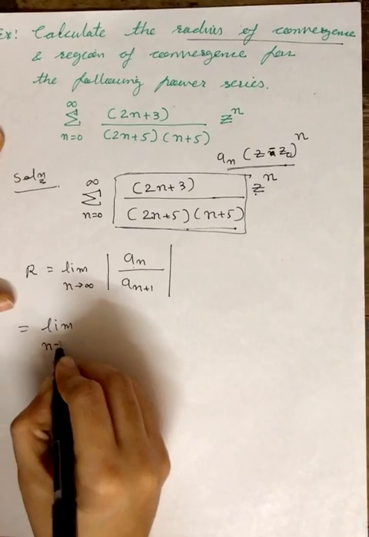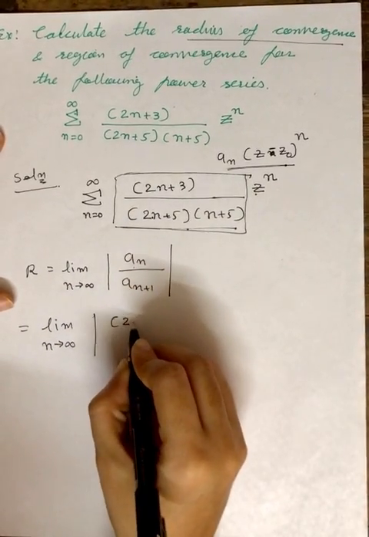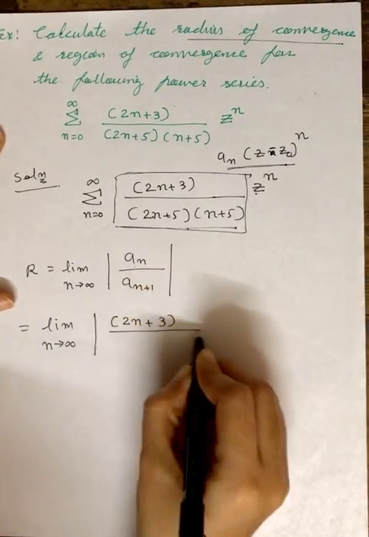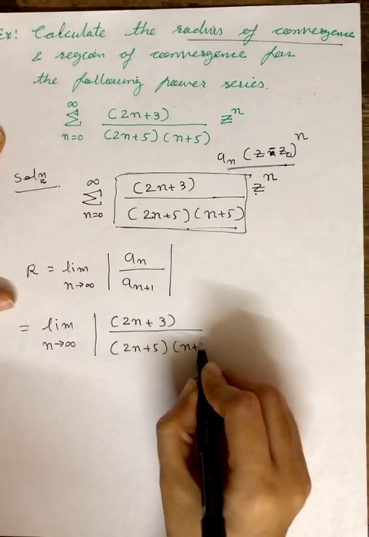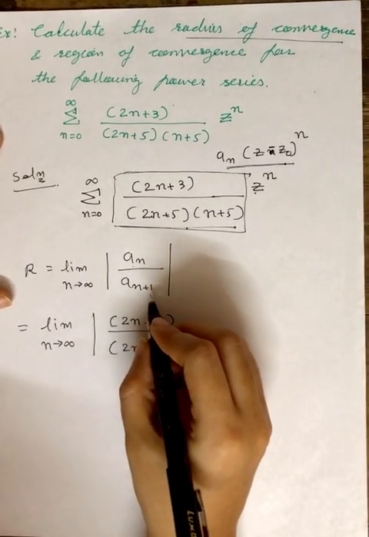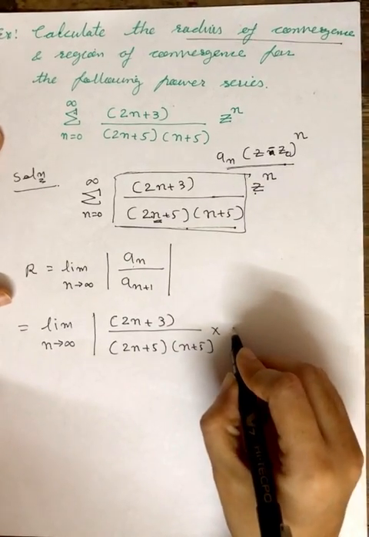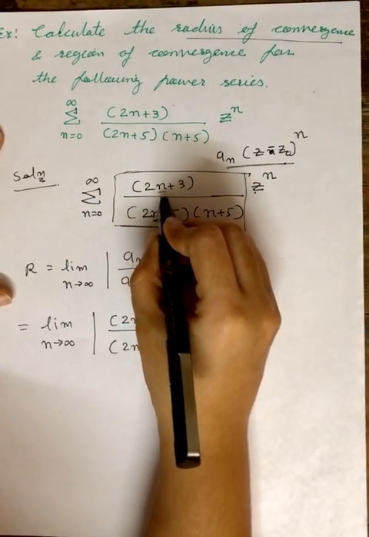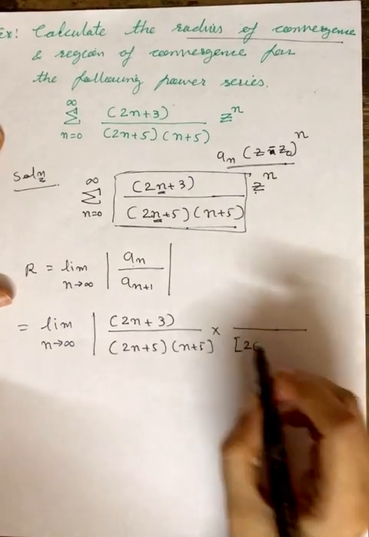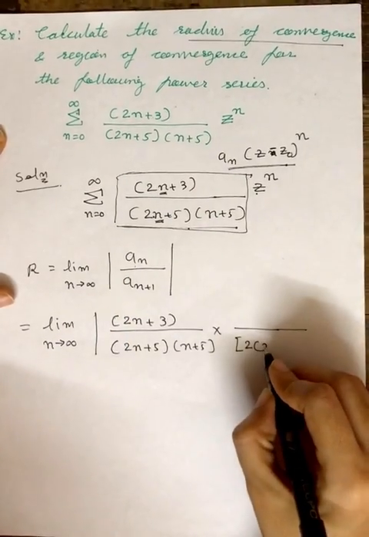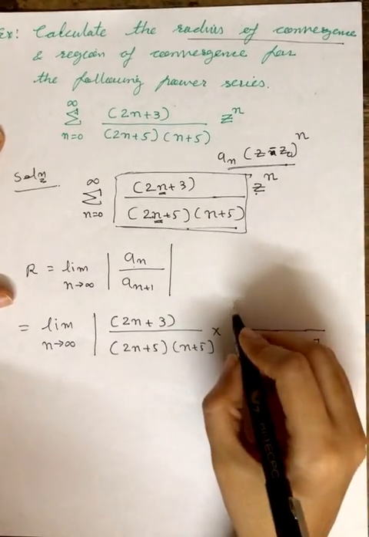Limit n tends to infinity. An is nothing but this thing only, so I will just copy it, divided by an plus 1. In place of n, we will put n plus 1. So be careful when you have so many brackets. In place of n, I will just write n plus 1 and everything will remain as it is.